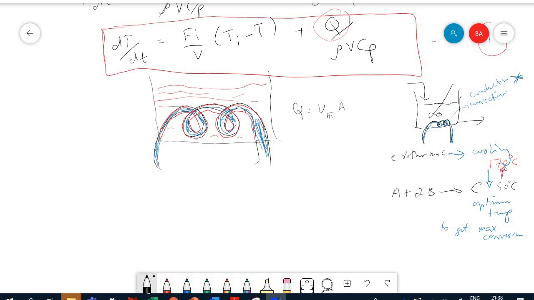So this is a different A, the surface area. And this is multiplied by delta T, which they call the driving force, the difference in temperature. So there's more heat in or out depending on the difference in the temperatures.